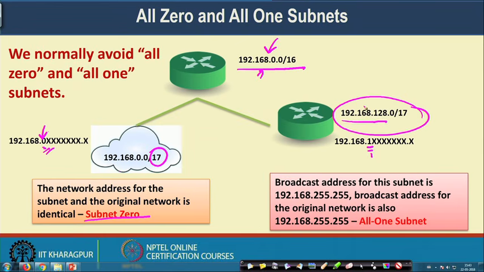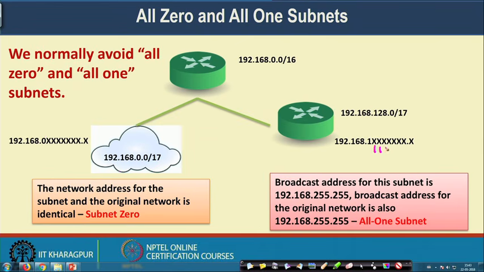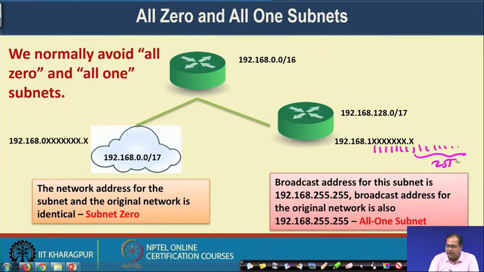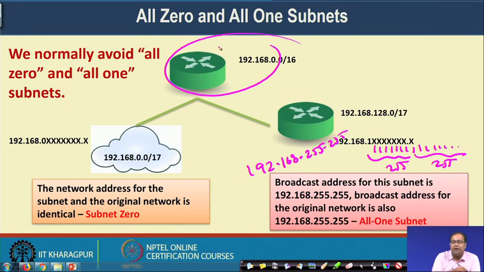the broadcast IP for this subnet will be all ones in the host bits, so this is equal to 255, and this is equal to 255. So the broadcast IP for this subnet is 192.168.255.255. Now, what is the broadcast IP for the original network?